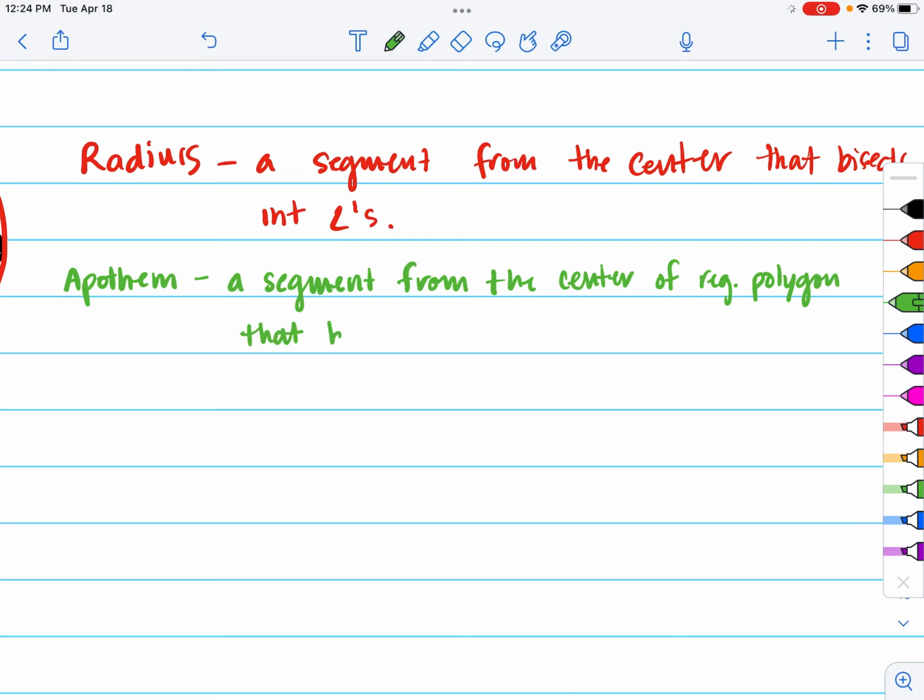that is a perpendicular bisector to a side.